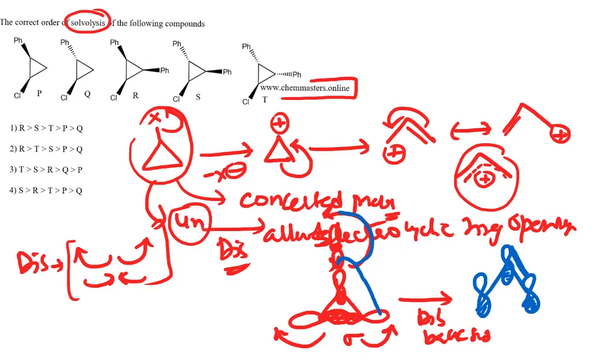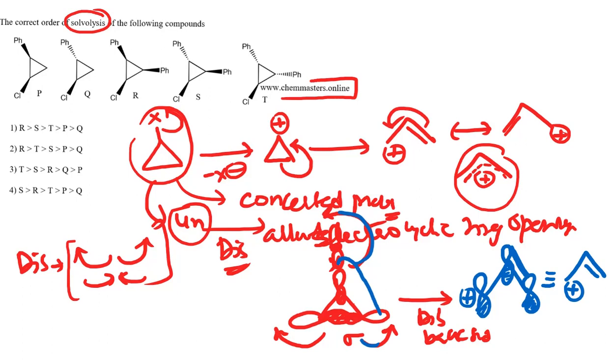Due to the bond breakage, the positive charge is absorbed. Now it is simply equal to allyl cation. So this is one kind of disrotation where you can see opposite orbital movement in bond breaking.